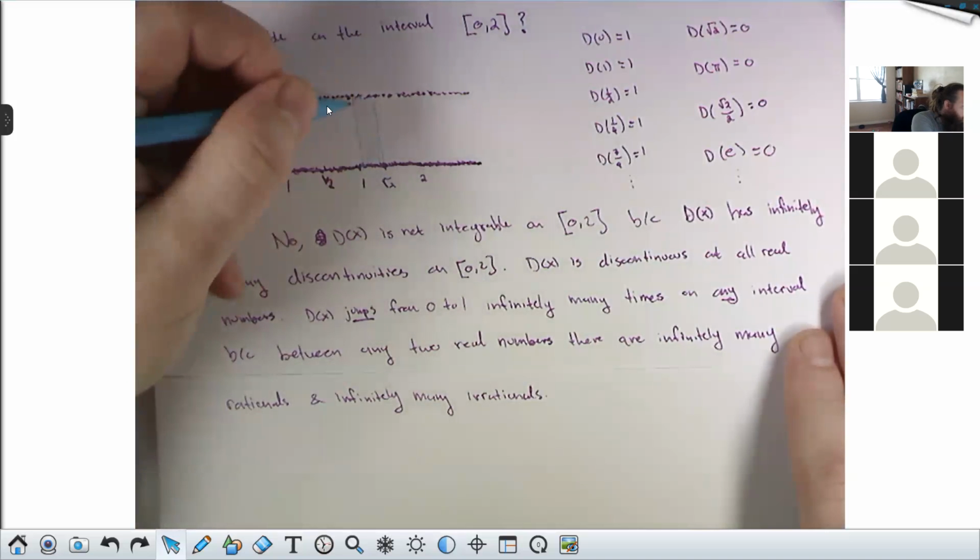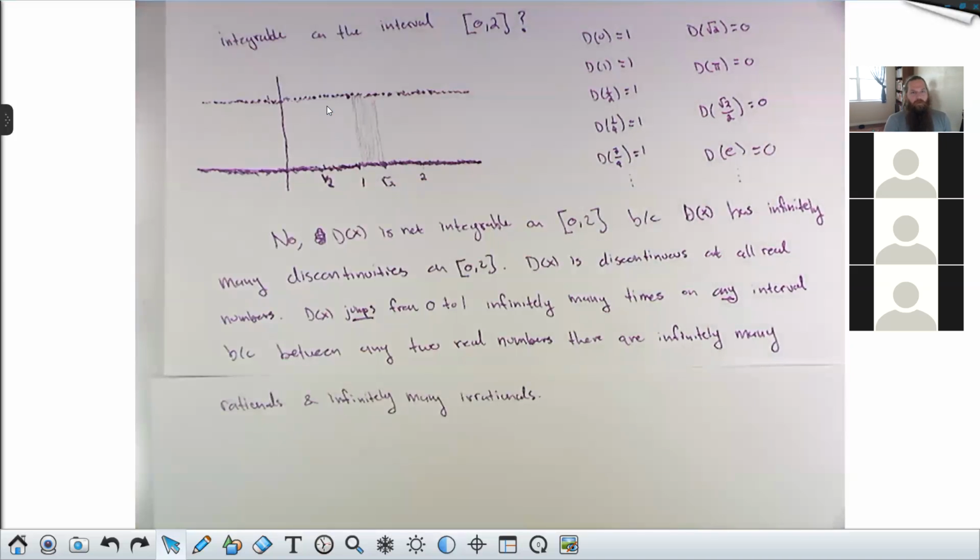If you try to think of the area, it'll confuse things because it'll look like it's shaded in if you drew this, but it's not really shaded in. Each one of these little vertical lines is infinitely narrow. It contributes no area. And between each of those lines, there's infinitely many points down here where the y value is 0. So you never get a solid chunk, which means you never get any area.